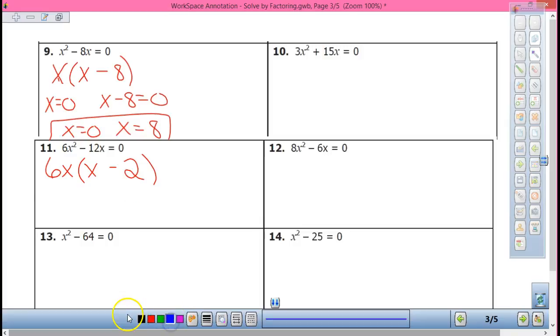Okay, so what am I writing next? 6x equals 0 and x minus 2 equals 0. So divide by 6. 0 divided by 6 gives me 0, so x equals 0 and x equals 2.